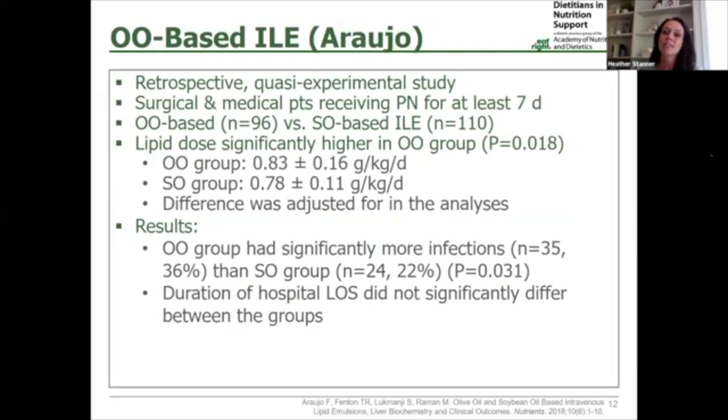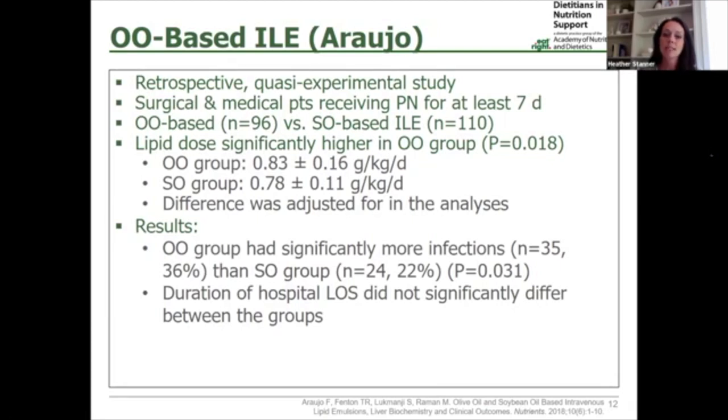So the first study that I wanted to review, comparing olive oil-based ILE to soy oil-based ILE, was a retrospective quasi-experimental study by Araujo et al., and this was done back in 2018. It actually involved a chart review of surgical and medical patients who received PN for at least 7 days.